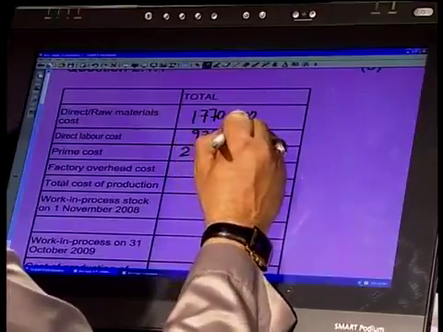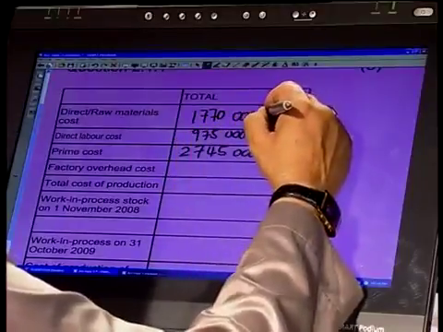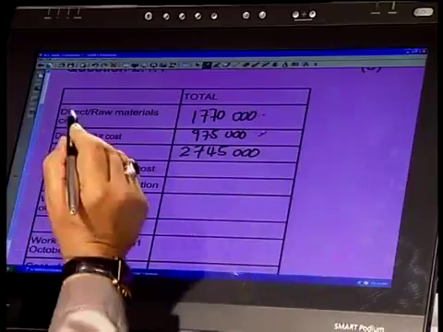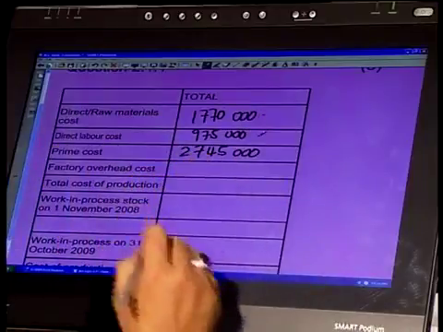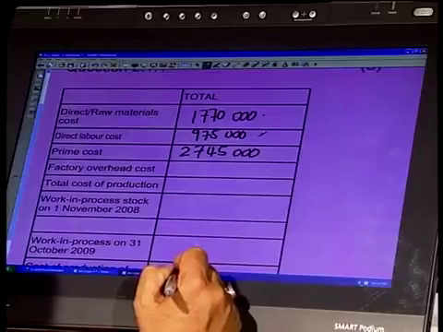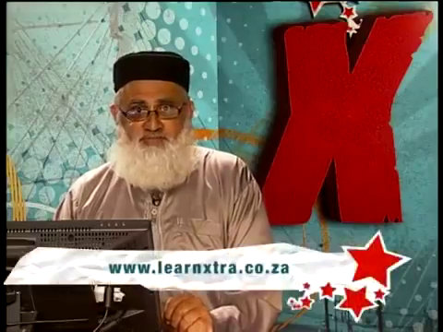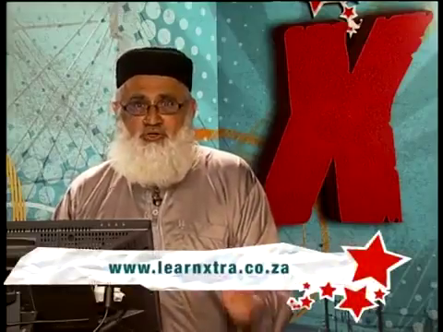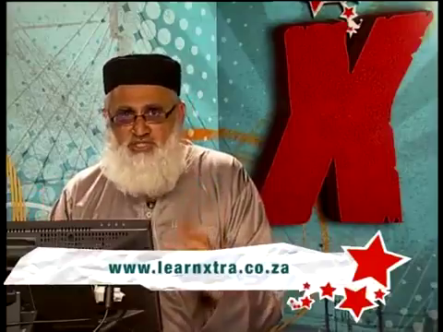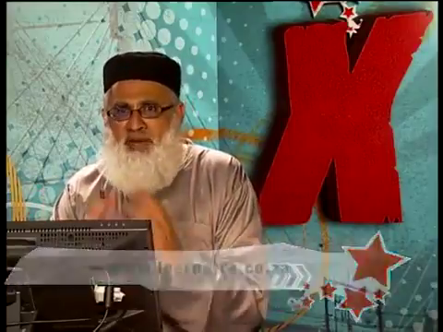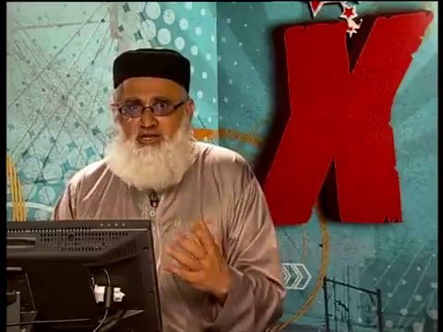Can you see what I've done? I had to do a calculation in order to calculate what? My direct labor, which is 975,000. In other words, if I add that plus that, what is it going to give me? It's going to give me my prime cost of 2,745,000. Got that? Easy, isn't it?